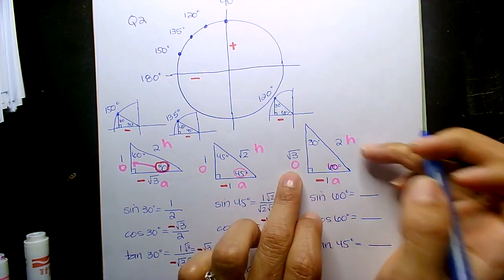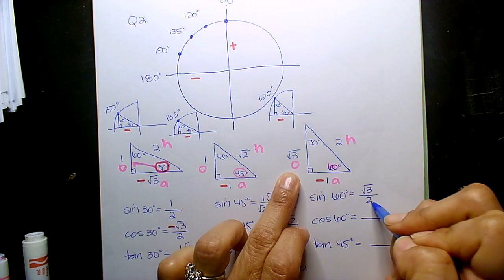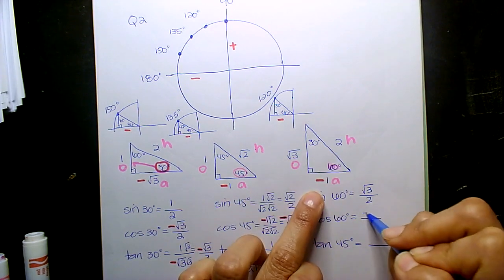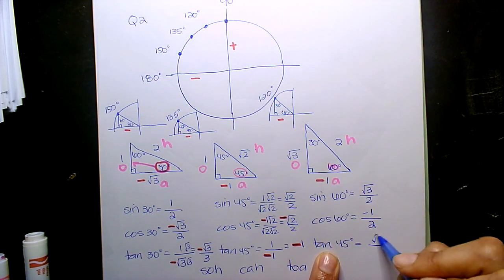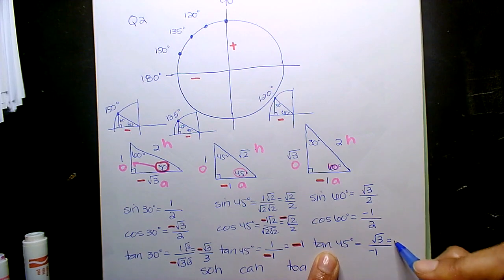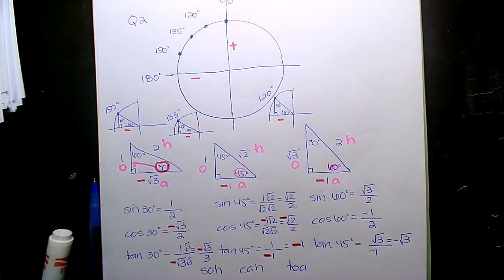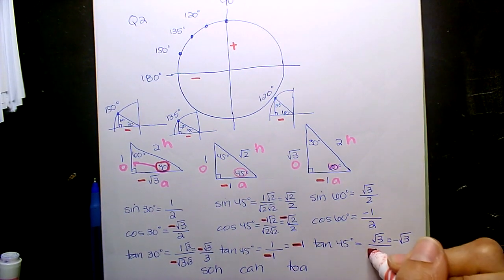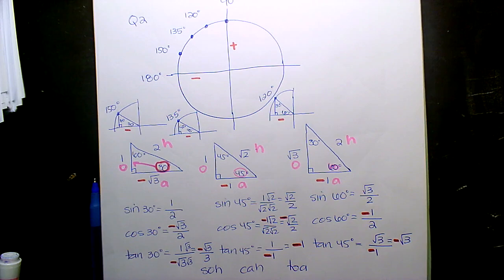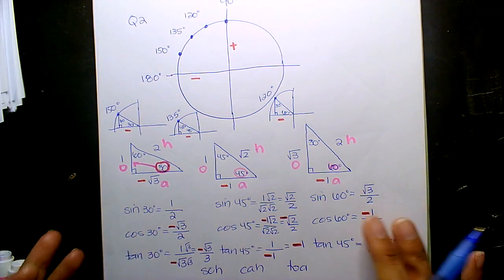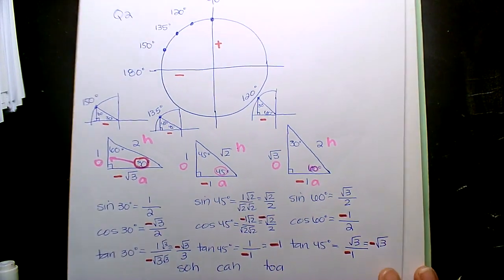So sine is rad 3 over 2. Cosine is -1 over 2. And tangent is rad 3 over -1, which you could just write negative rad 3 if you like. Let's put the negatives. Yeah, I think that's all of them. And that's it. That's quadrant 2.